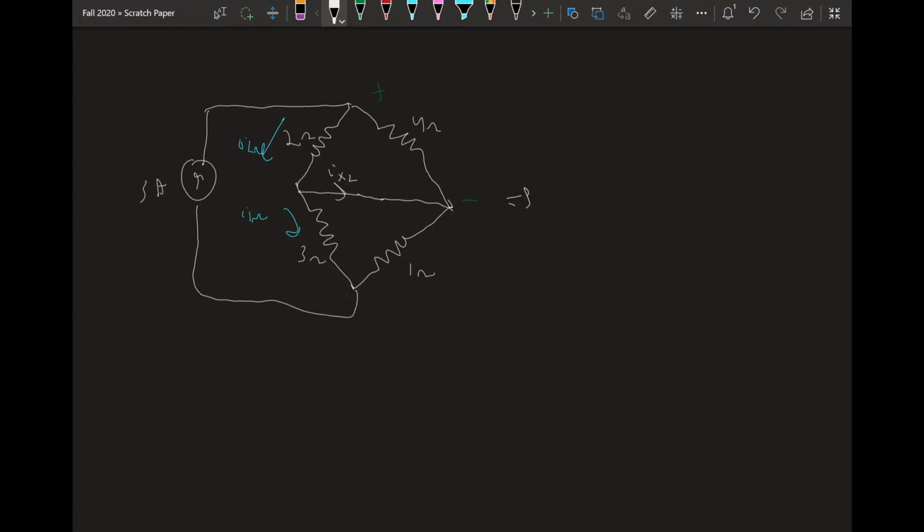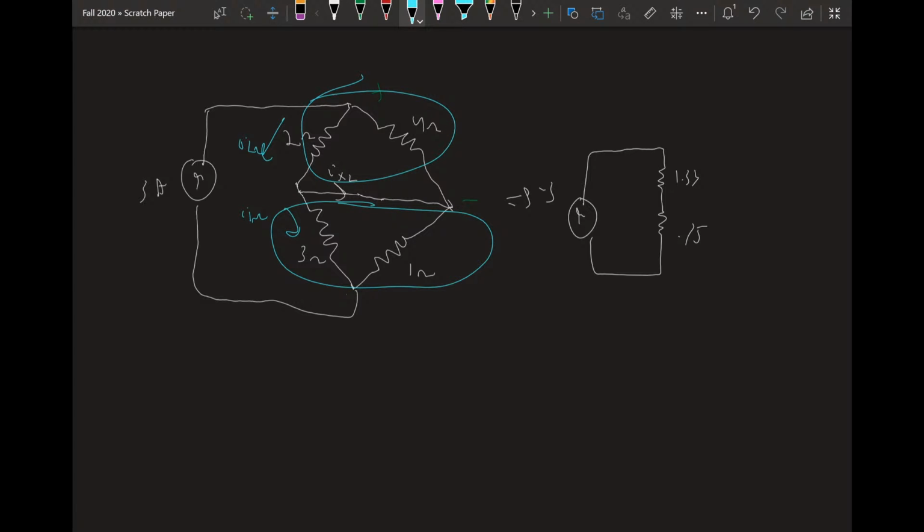So I'm going to squish the circuit into a form like this. This is 3, this is 0.75, 1.33. Because now I can see that these two are in parallel, and these two are in parallel, and they're all in series. So that's what I did to get this circuit over here.